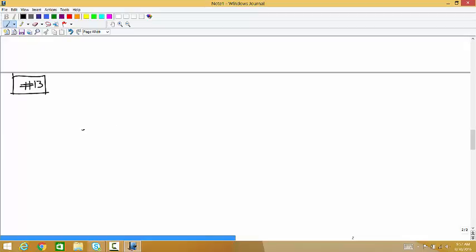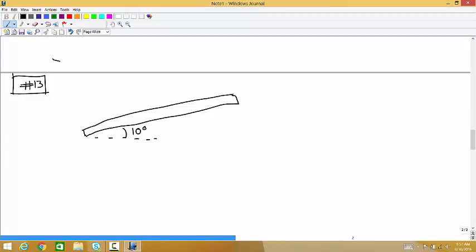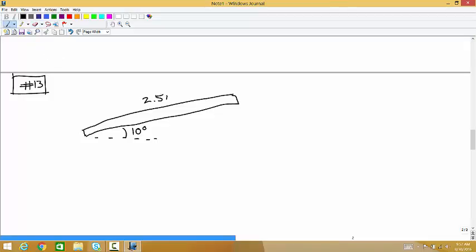So we have a rigid body that makes an angle of 10 degrees with the horizontal. And the length of this thing is 2.5 meters.